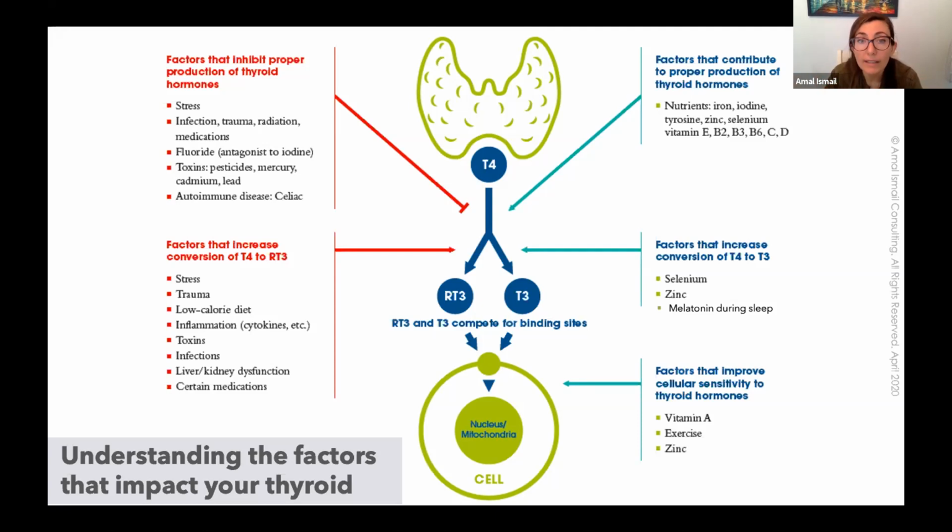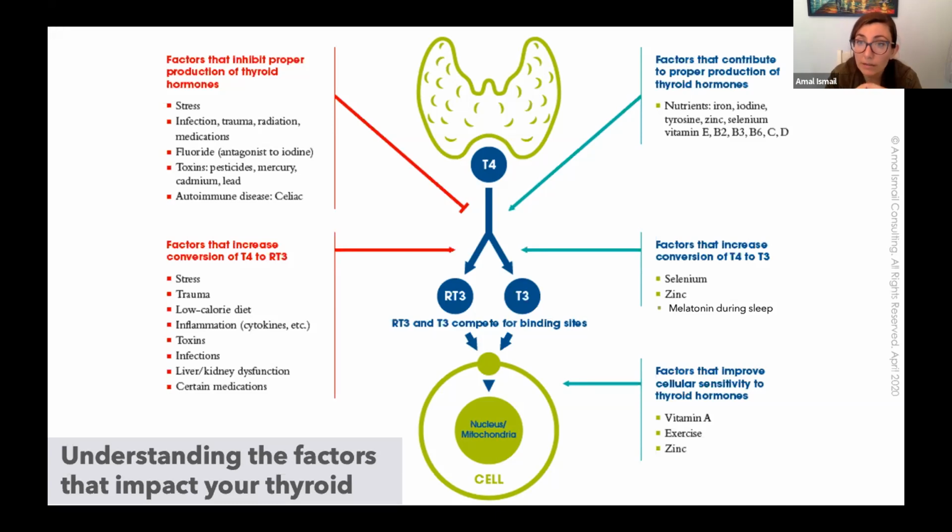So when we look first at the important thing about production: to optimize production of T4, it's a very nutritionally dense process. So we need nutrients like iron and iodine and tyrosine, zinc, selenium, vitamin E, B2, 3, 6, C, and D. If we have deficiency in any of those nutrients, we're going to have a poor production of T4.